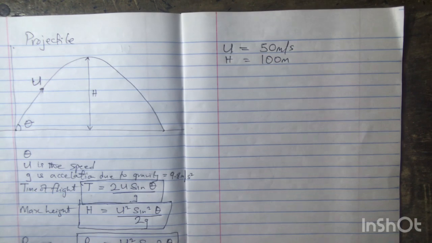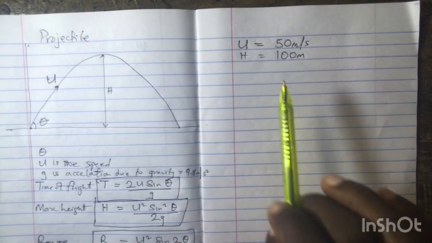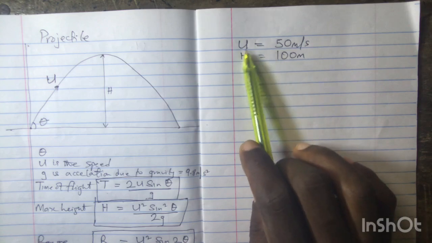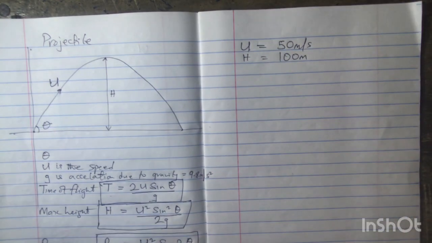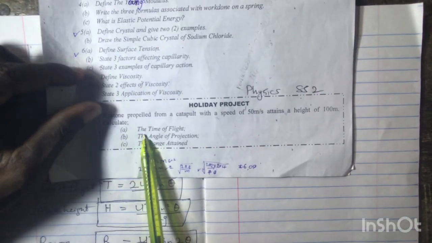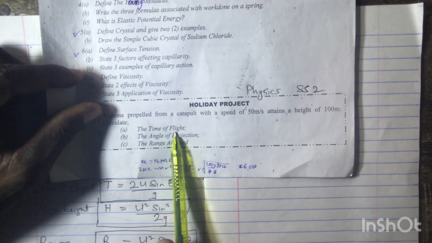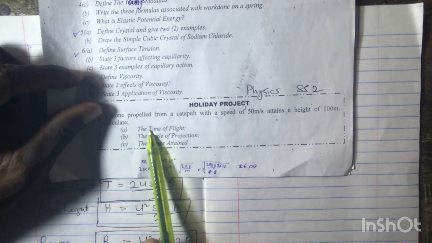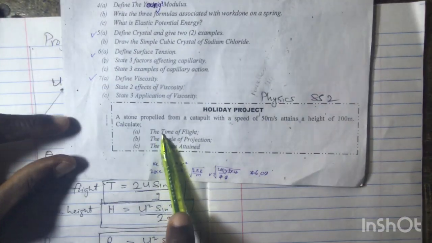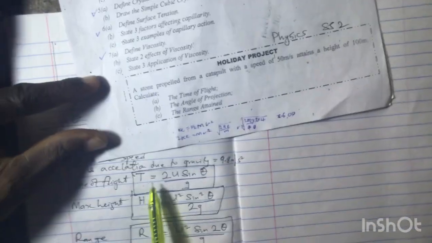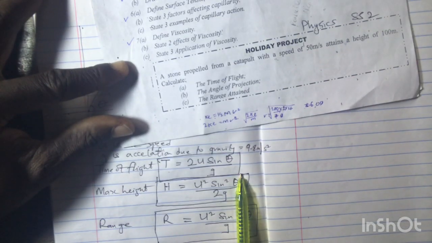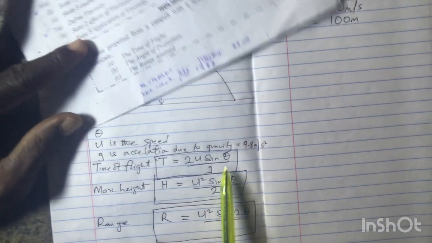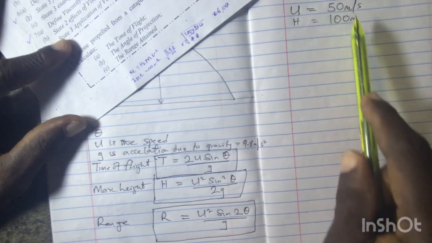Now, the next thing to consider is, what am I to calculate? A, calculate the time of flight. In a situation whereby you have the time of flight formula, maybe it's more than one, you now consider which formula contains the given parameters.